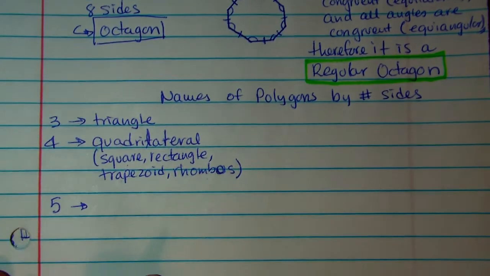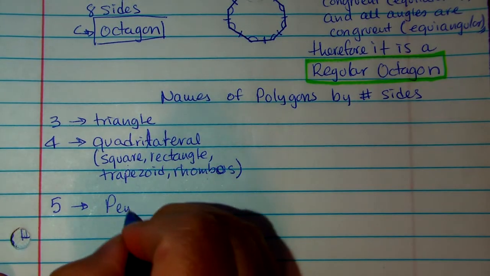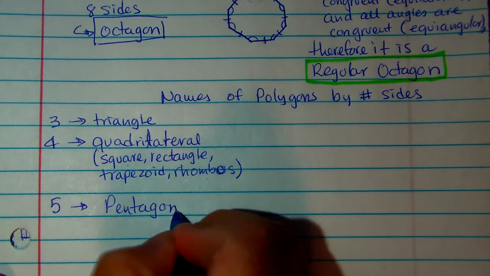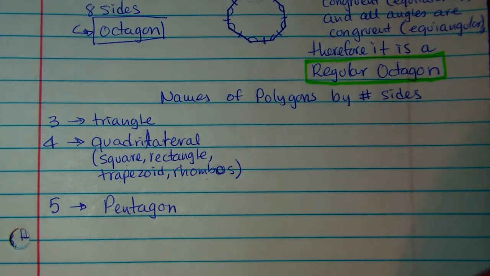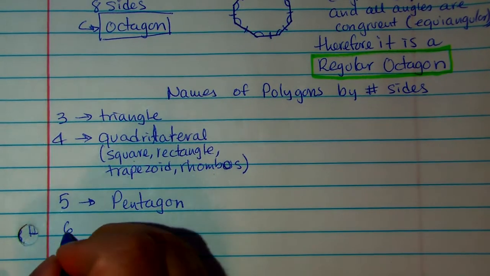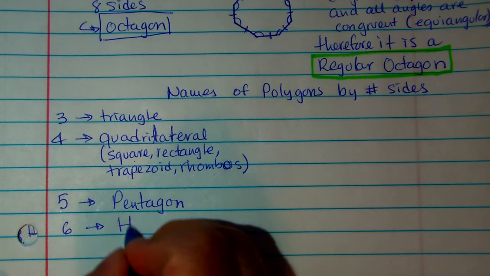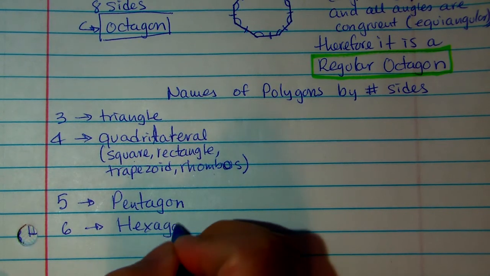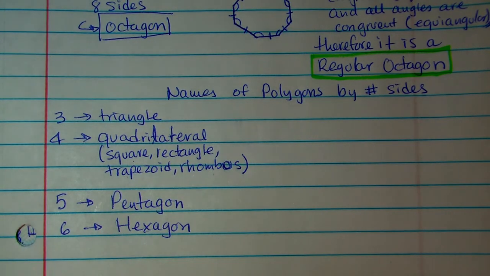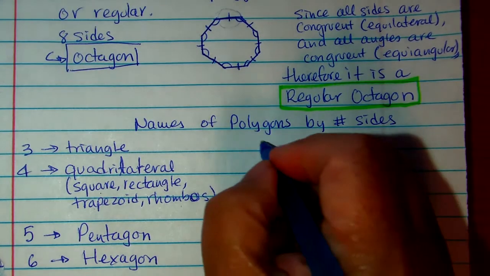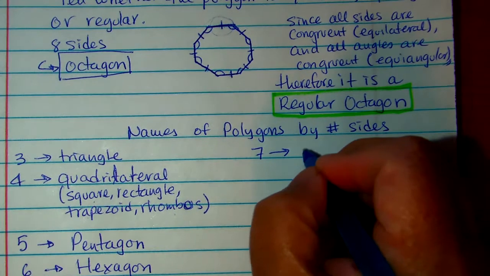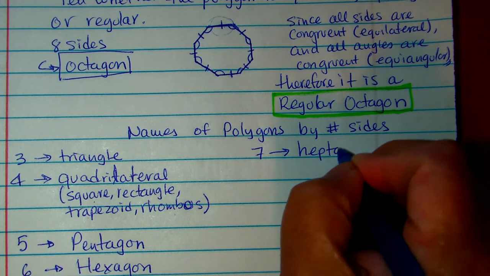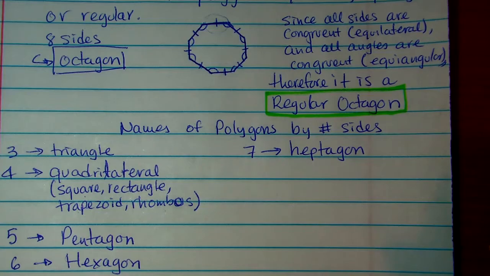If it has 5 sides, we call it a pentagon. If it has 6 sides, we call it a hexagon. Okay? If it has 7 sides, we call it heptagon.